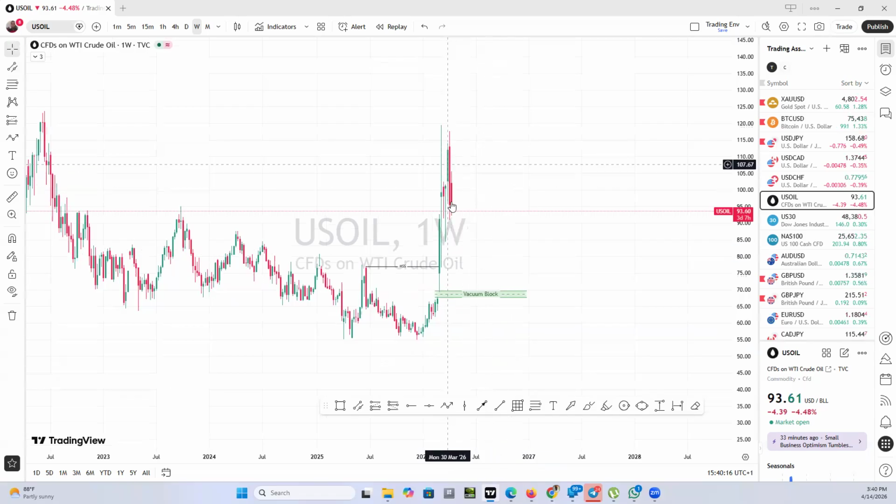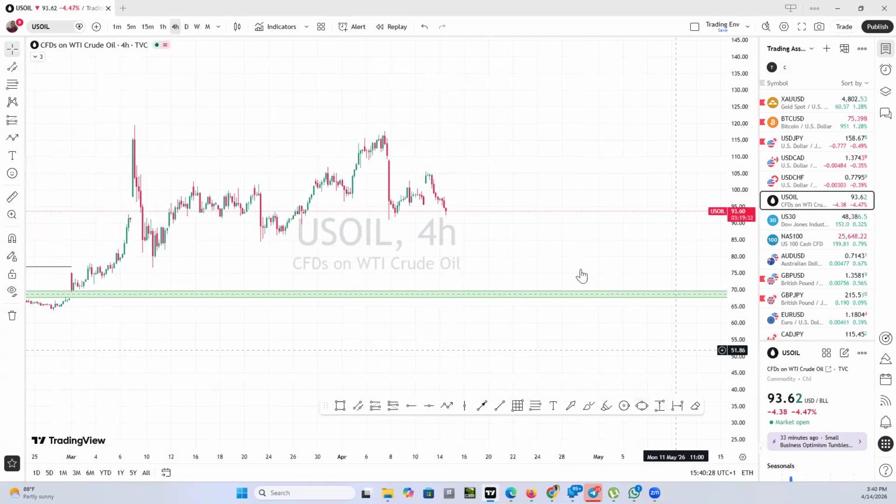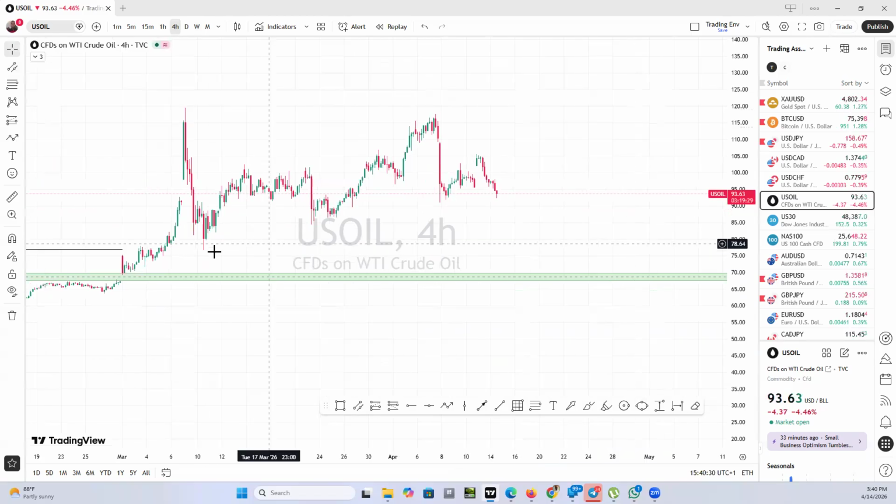So as you can see, it is even retracing already. So that means we are going to be on downtrend again till market reaches here. So let's go to 4 hour. So let's see what we have here.